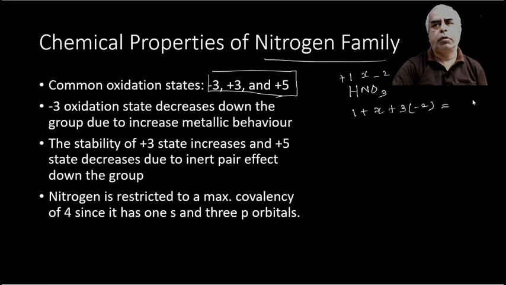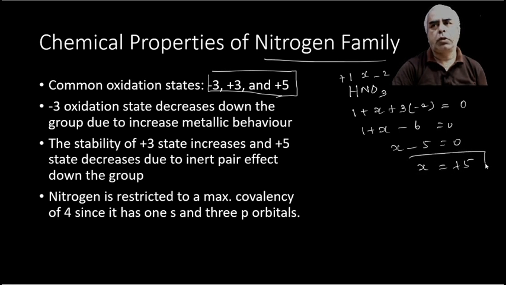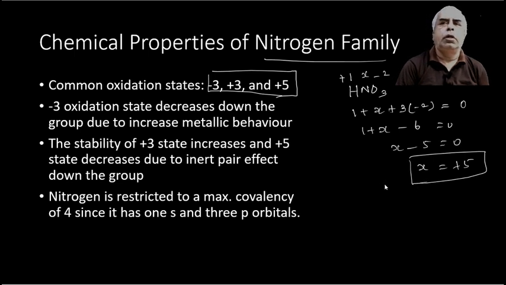For any neutral compound or molecule, we take the oxidation number as 0. Therefore, X, this is +1, this is -6, is equal to 0. So X minus 5 is equal to 0. It means X is equal to +5. So the oxidation state of nitrogen in nitric acid is +5.